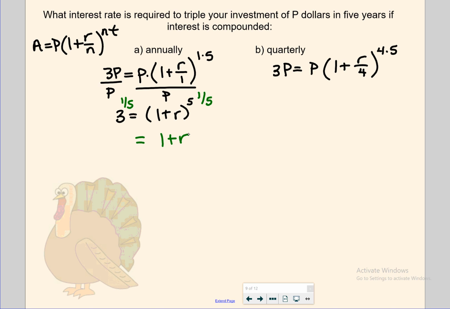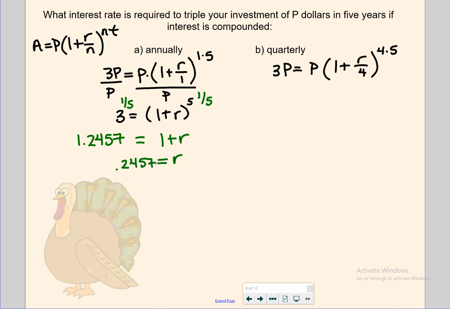3 to the 1/5, and I would give it a few decimal places. I get 1.2457. I would give it at least 4 decimal places, and you'll see why in a second. Then I'm going to subtract 1 to get my R alone, and I end up with 0.2457.